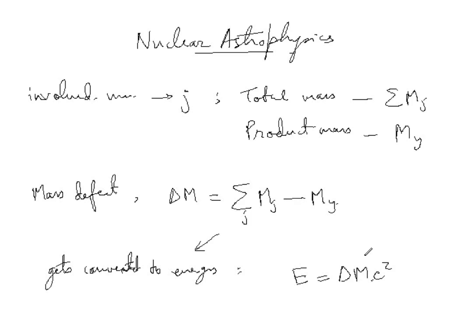Or else, you can also say that binding energy is basically the energy gained if they are brought together from infinity. Okay, now let me consider another part. So let us have a short discussion on binding energy.